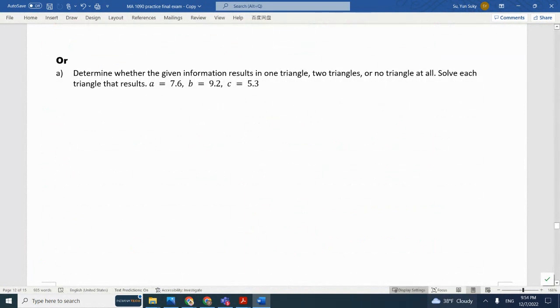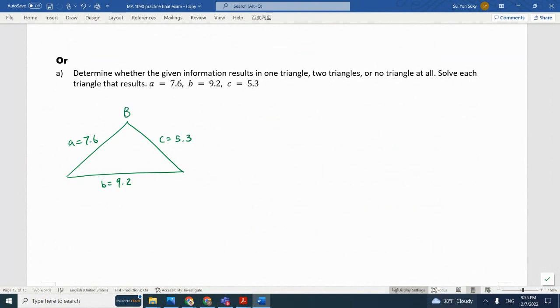How about here? So this is side, side, side, so we must use law of cosine. Let's see, a, b, c. Here, b is the longest, a is second longest, c is the shortest.